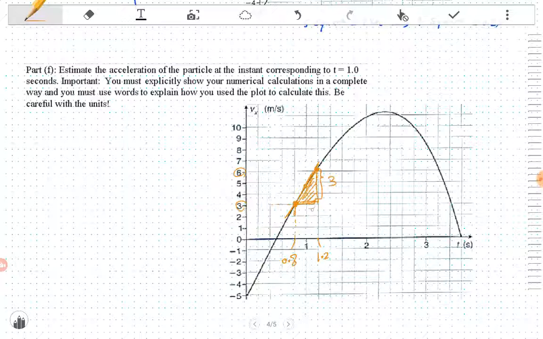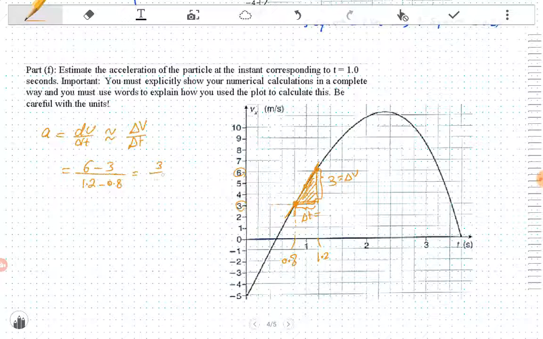And the difference between 1.2 and 0.8, why am I doing this? Because the acceleration is equal dv by dt, but you can approximate it with delta v by delta t. This is dv and this is dt, between 1.2 and 0.8. So dv is equal 6 minus 3, and dt is equal 1.2 minus 0.8.